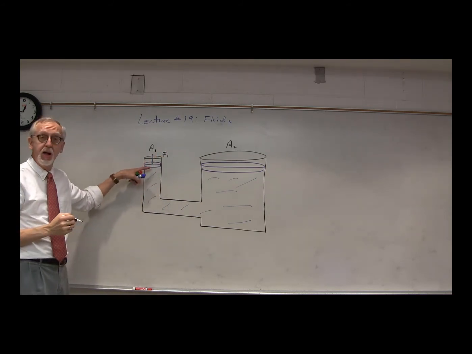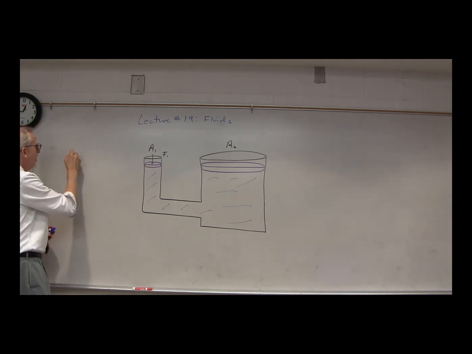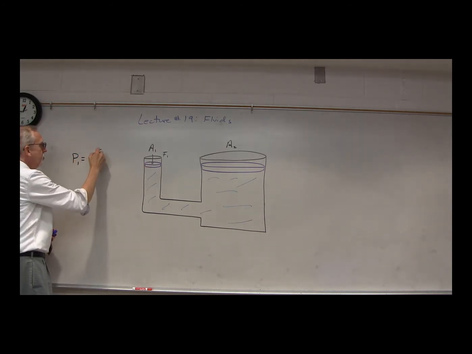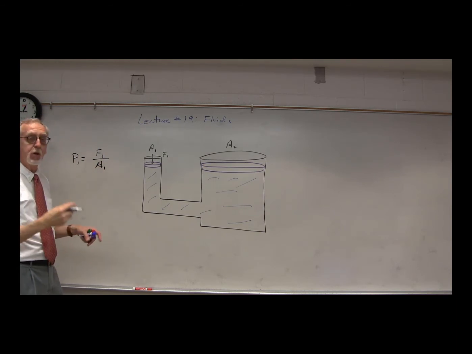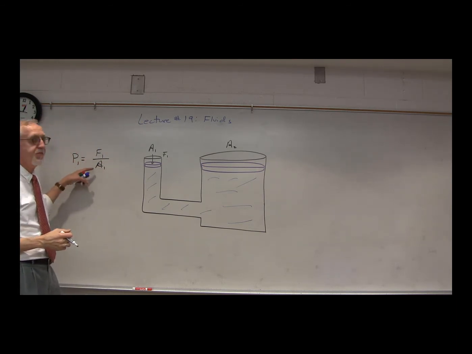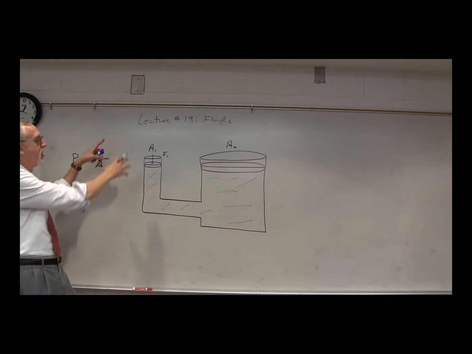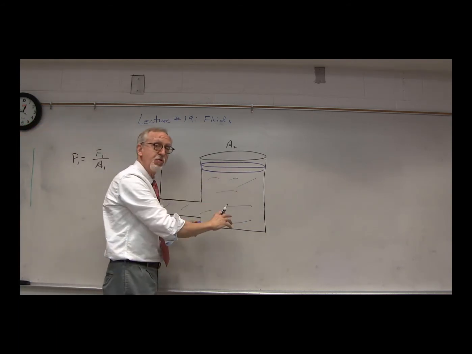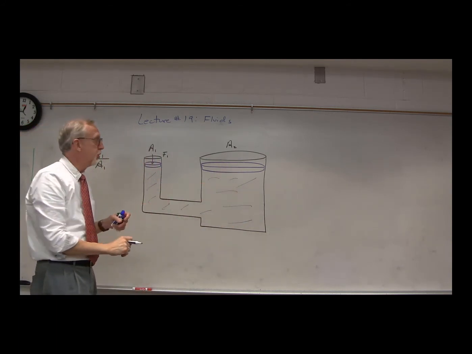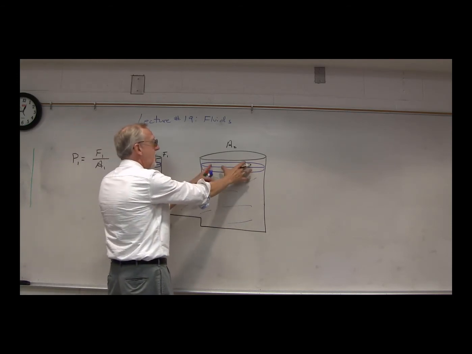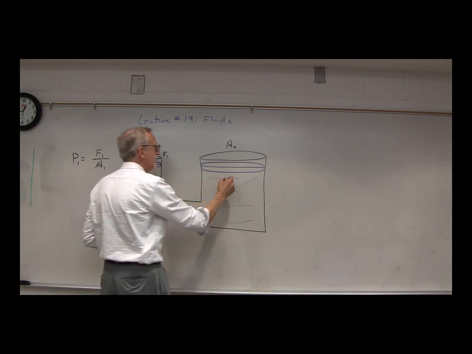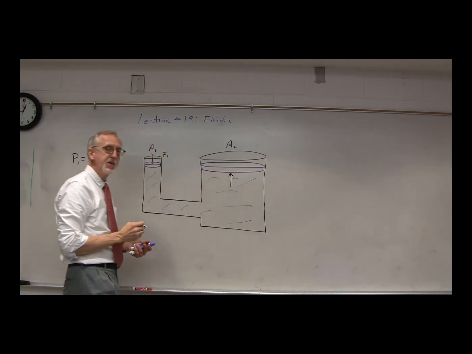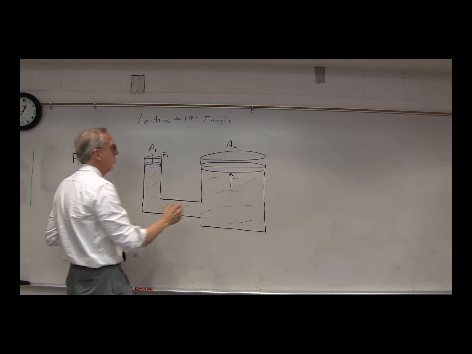Well, that's going to apply a pressure, P1, that's equal to F1 over A1. Well, according to Pascal's principle, that pressure is going to be distributed through the entire fluid, all the way over onto this piston as well. So there's going to be a pressure increase pushing on this piston of P1.